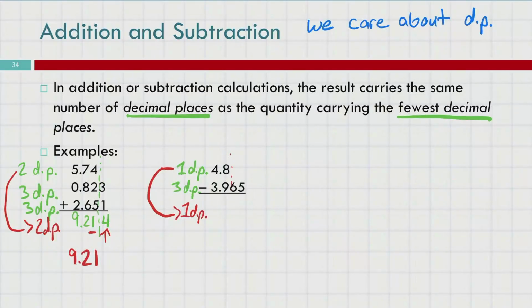Or if we wanted to draw a line through, we draw a line in after that 8. 4.8 minus that 3.965. Calculator says 0.835. The 8 is our last significant number. We look at the 3 to see how we round, and we would round down to 0.8.